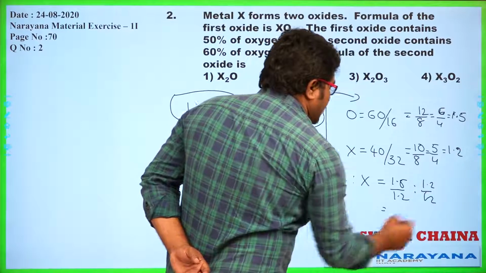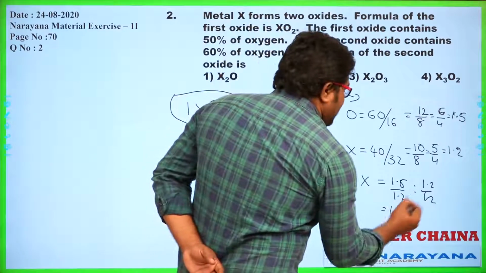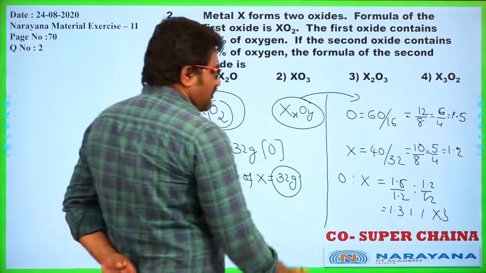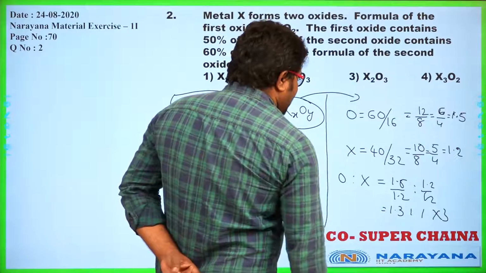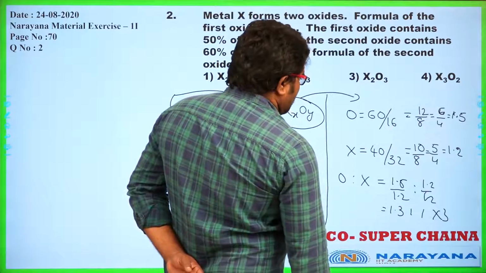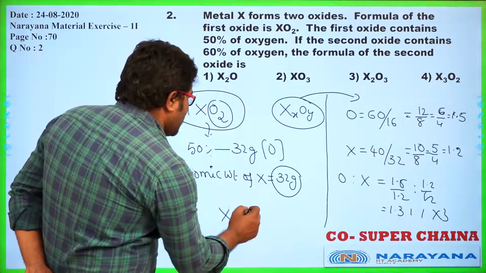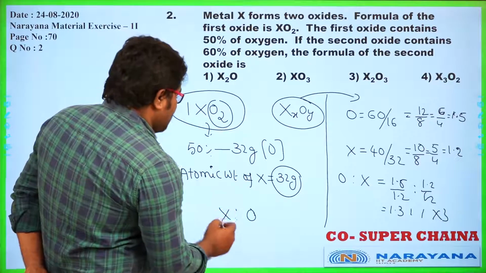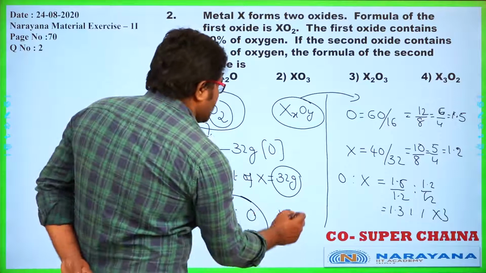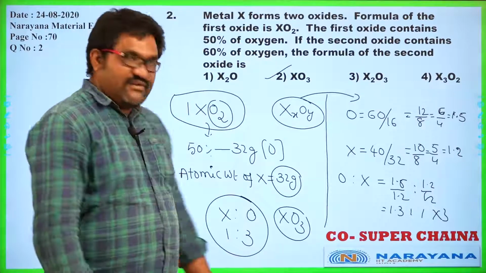That is equal to 1.3 something to 1. By multiplying with 3 we will get a simple whole number ratio. So in that compound we will have X to O as 1 to 3. The answer for this compound is XO3. So the correct answer is the second one.